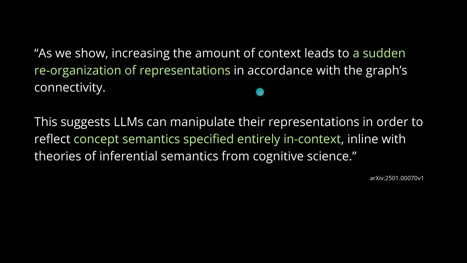As we said, Harvard: increasing the amount of context leads to a sudden reorganization of the transformer internal representation in accordance with the graph connectivity. And I showed you last time that this suggests that LLMs can manipulate their internal representation in order to reflect their concept semantics that were specified entirely in context.